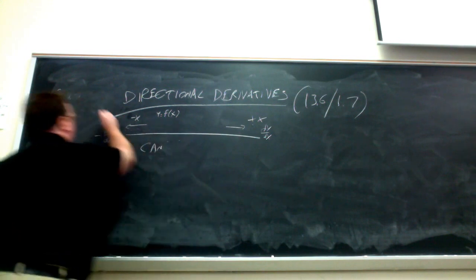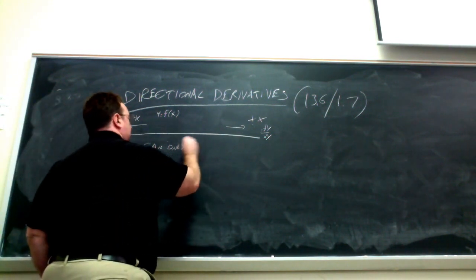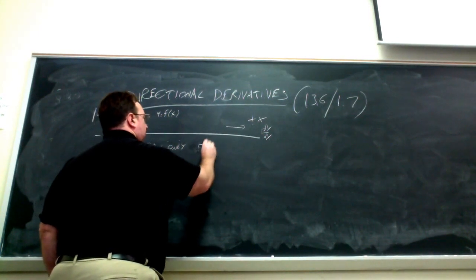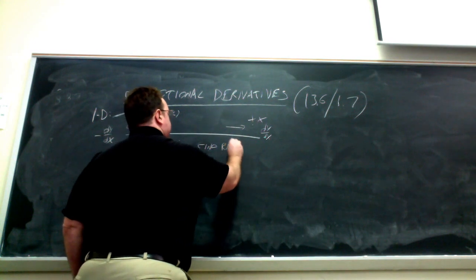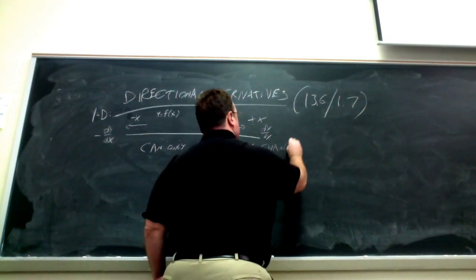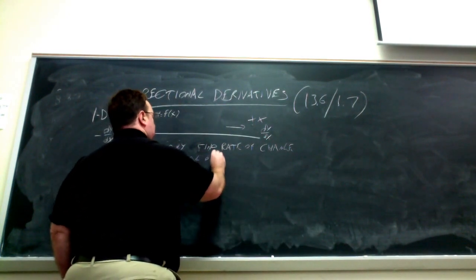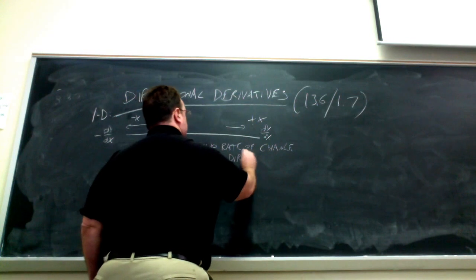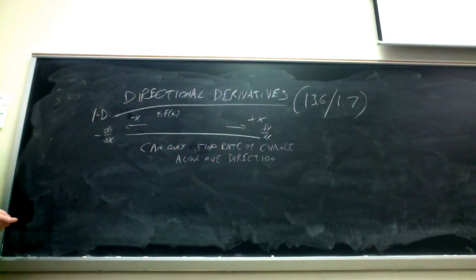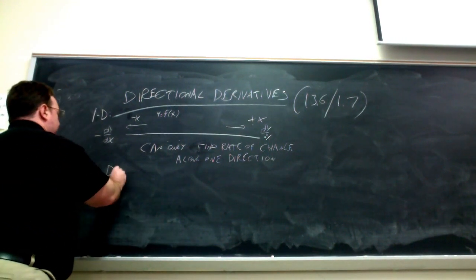So in the 1D case, you can only find a rate of change along one direction, since you're moving along the real number line. Now, let's look at 2D.